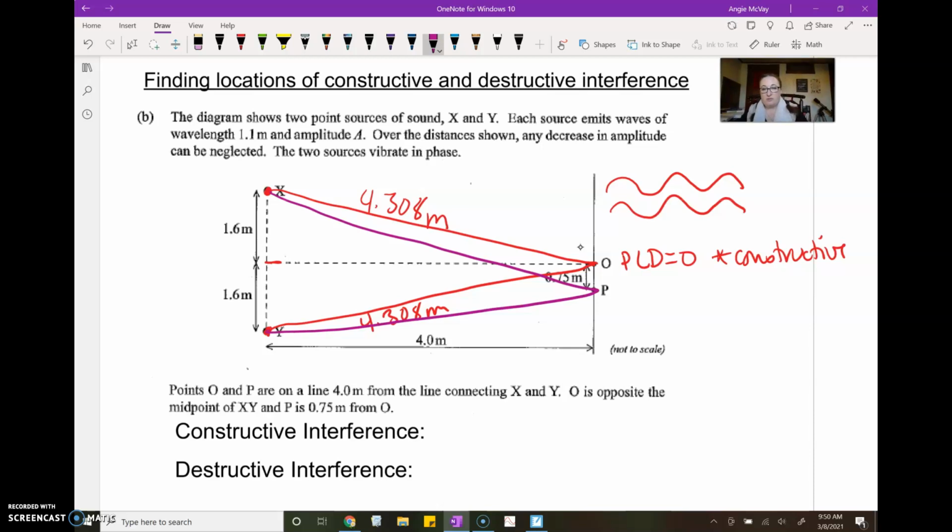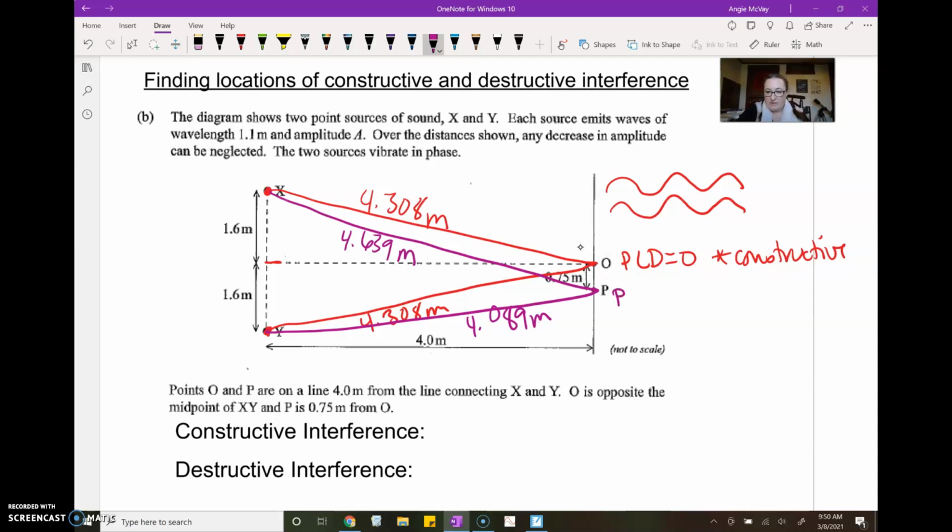Okay, doing a little trig, which I know you can do. As a reminder, from point Y to point P was 4.089 meters. And from point X to point P was 4.639 meters.